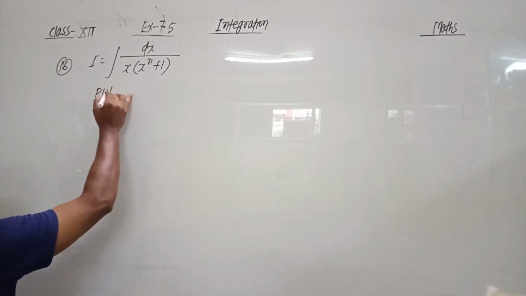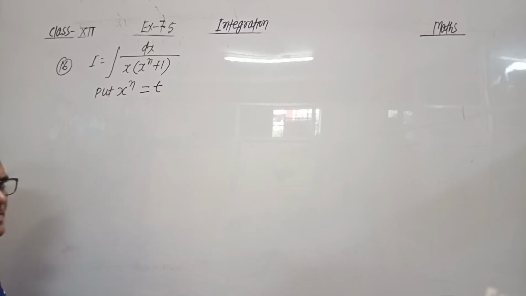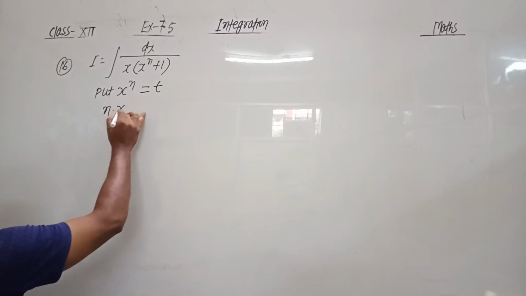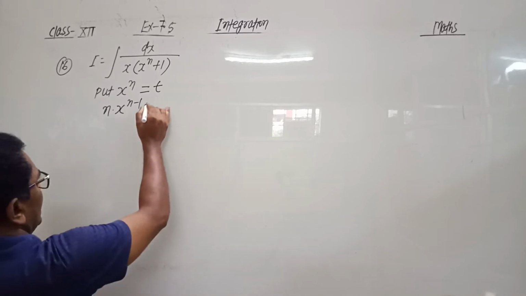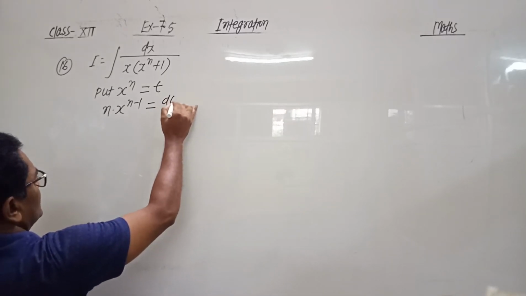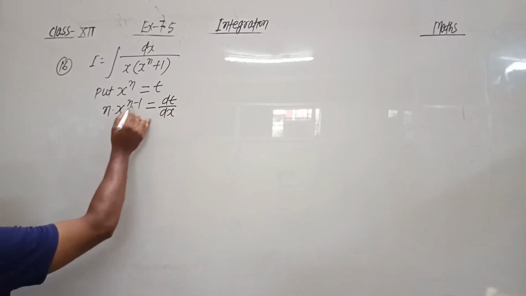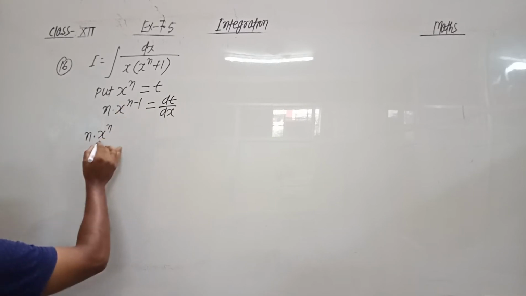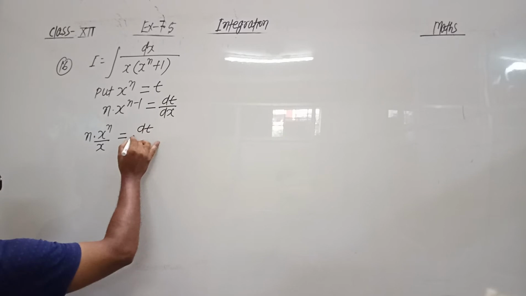So we put x raised to the power n equals to t and differentiate with both sides with respect to x. So differentiation of x raised to the power n is n into x raised to the power n minus 1, and differentiation of t is dt by dx. So this can be written as n into x raised to the power n upon x equals to dt by dx.